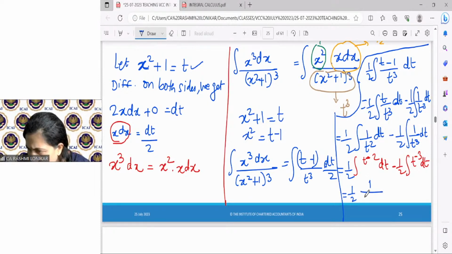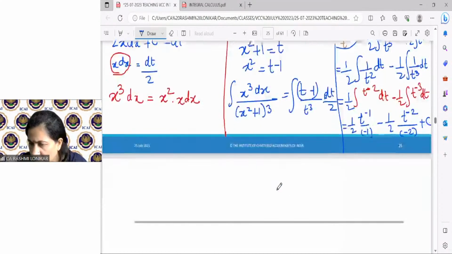After integration, this becomes t raised to minus 1 upon minus 1, minus 1 half t raised to minus 2 upon minus 2, plus c. Okay, integration will give me this much.